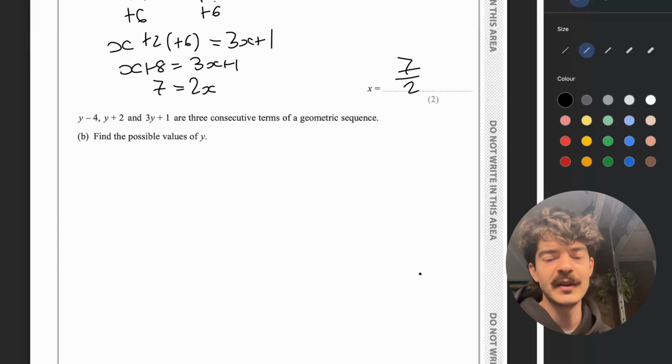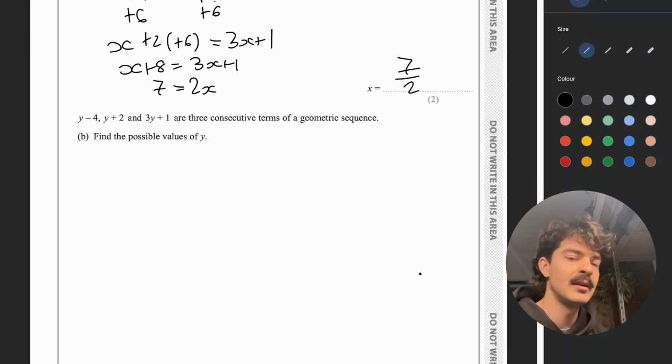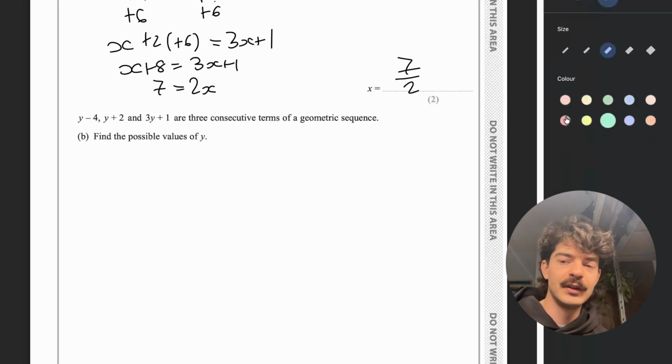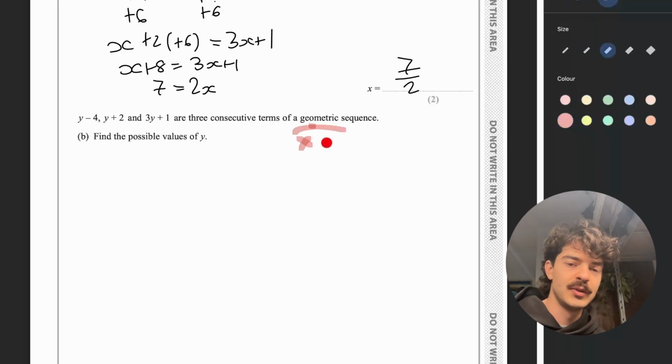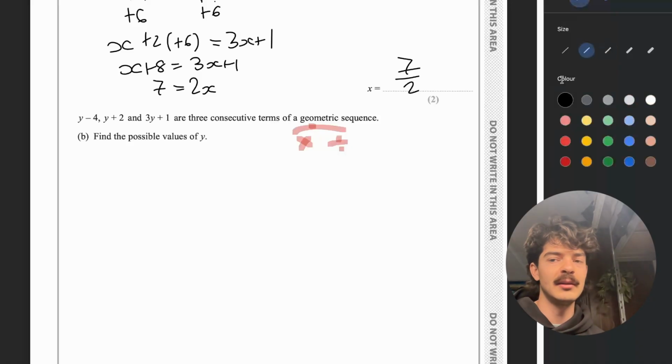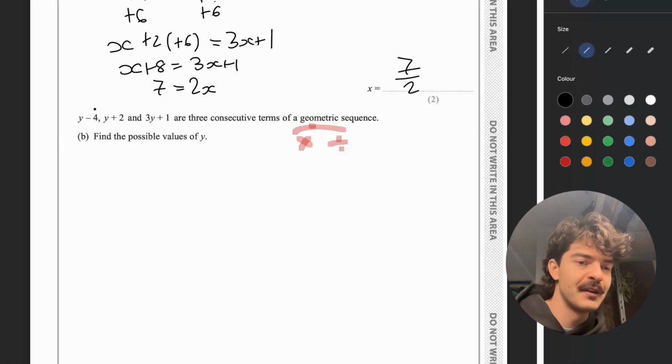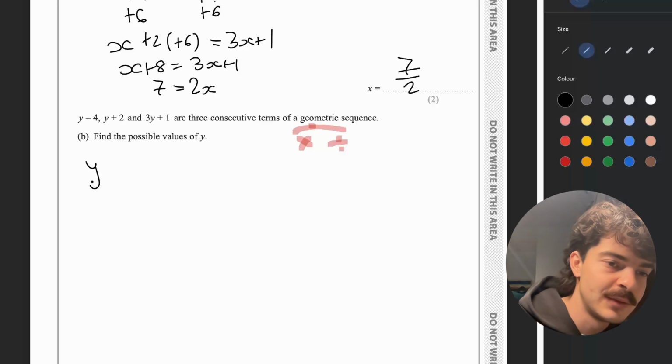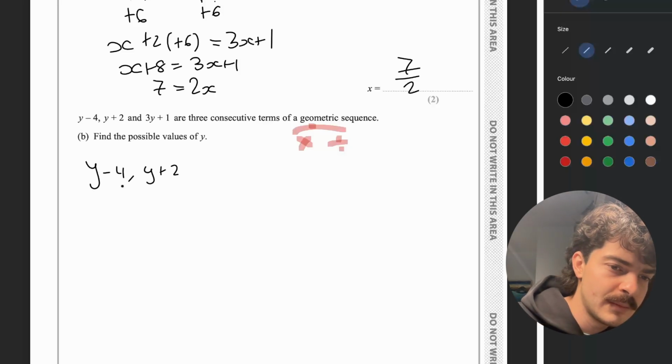Onto this one, we've now got a geometric sequence. Geometric, differently to arithmetic, means that you're multiplying or dividing. Now, this is a little bit harder, but we can figure it out. To get from y minus 4 to y plus 2, we've multiplied by some value r.